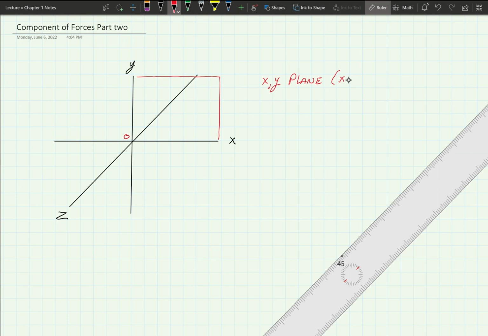It's in the positive X, positive Y, and it's at Z equal to 0. Okay, or basically on plane with the origin.